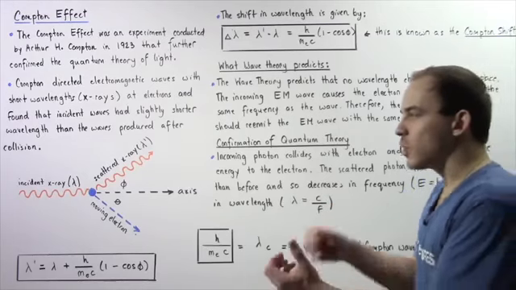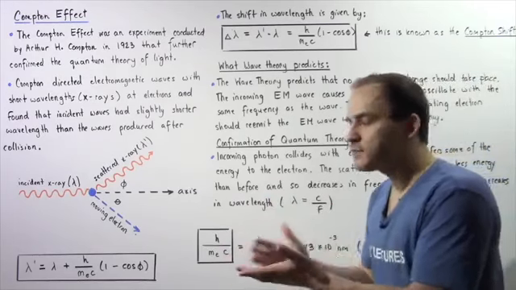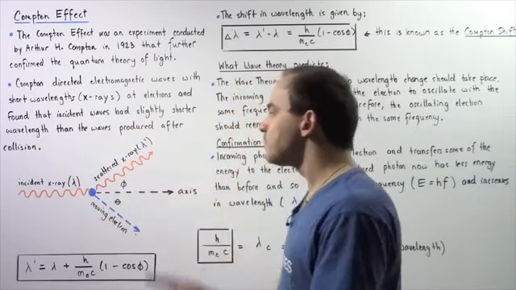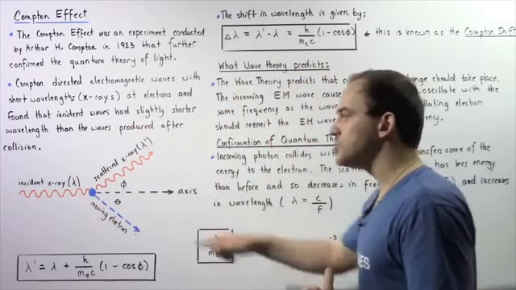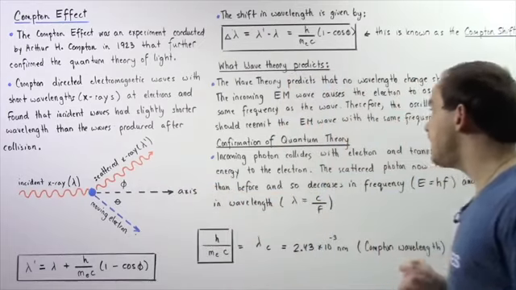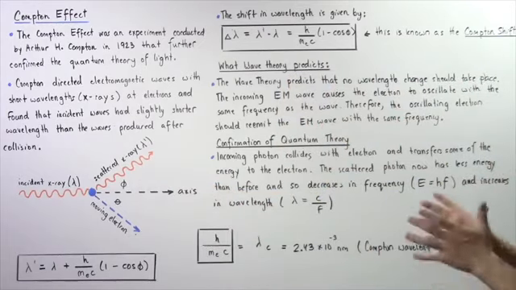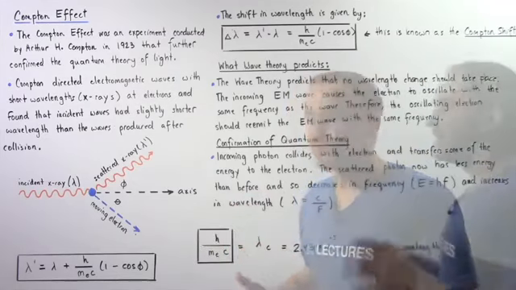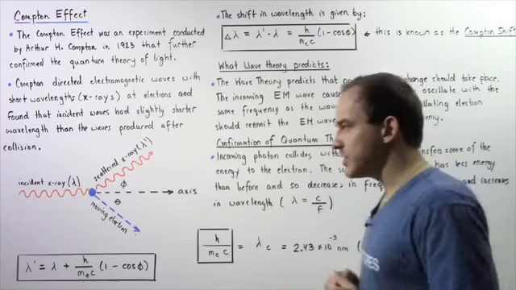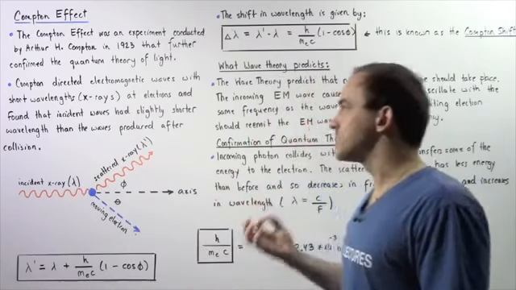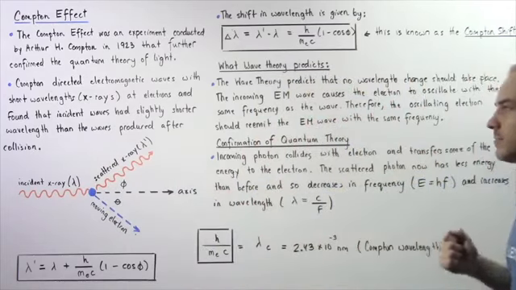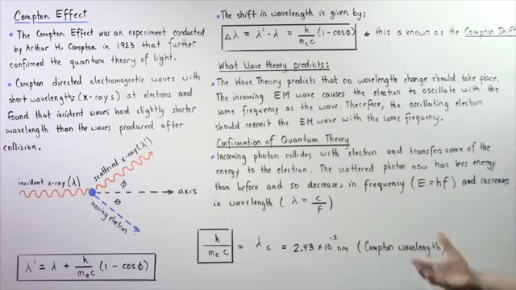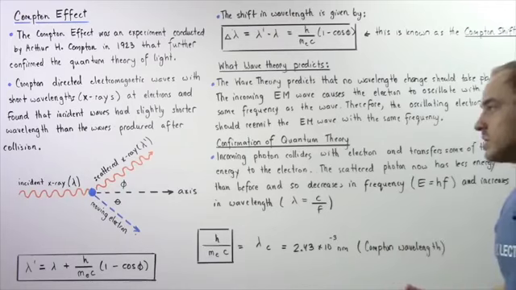So when that electron re-emits that electromagnetic wave, the frequency of that scattered X-ray should be the same as the frequency of the electron. That means there is no shift in frequency, and that implies there is no shift in wavelength. Now, this is not what was actually seen when this experiment was conducted by Arthur H. Compton, and that confirmed the quantum theory of light, the fact that light consisted of photons.